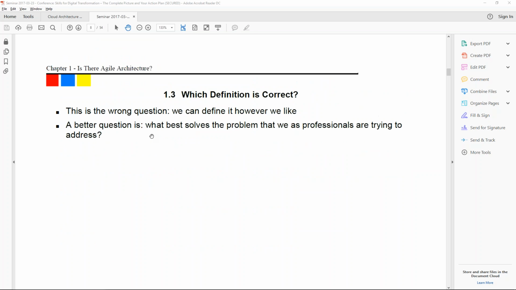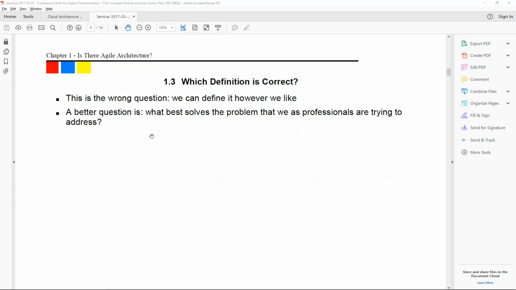So, how do we want to understand Agile architecture? Fact is, there isn't a well-accepted approach.